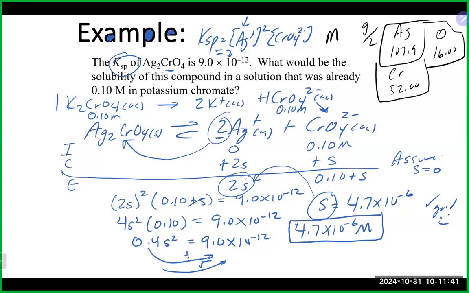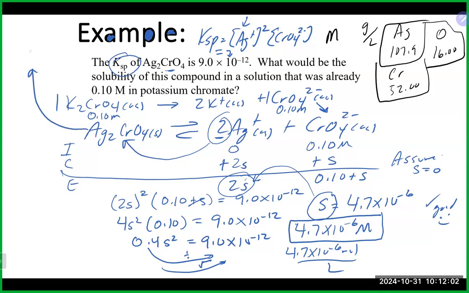That is to go from molar solubility, which is basically moles per liter, to grams per liter. We do need the molar mass to do that. So that's going to be 2 times 107.9 for our silvers, plus a 52 for our chromium, and 4 times 16 there.